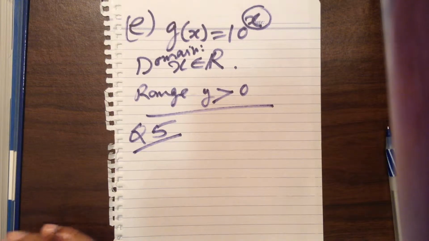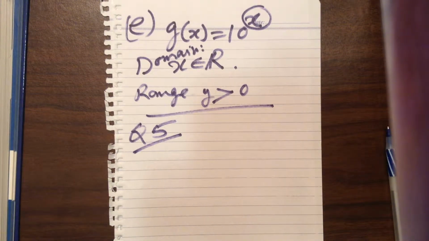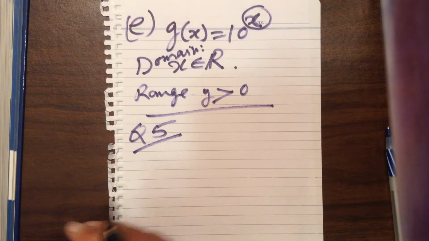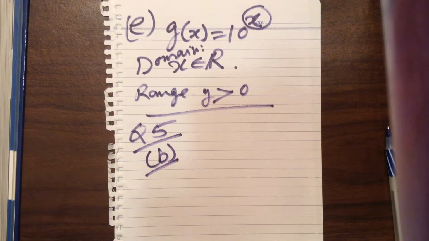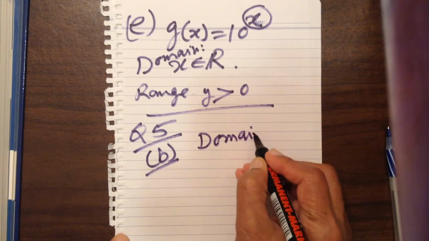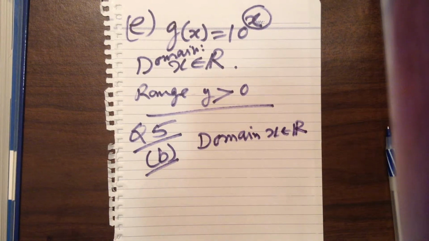Let us move on to question number 5. A is quite simple. If you apply the vertical line test, you will notice that this is not a function. B, of course, x can be assigned any real value, so the domain is x belongs to R. What about the range?